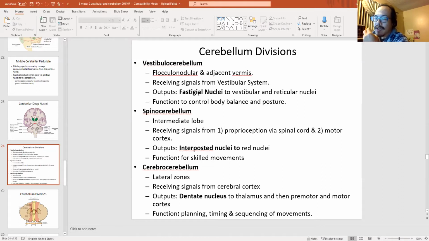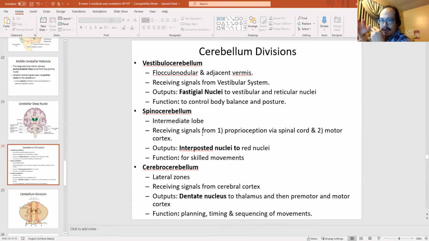Vestibular is more like keeping body balance because its output is to the vestibular and the reticular nuclei. So these two don't directly control the fine movement, the flexor. These two control the body balance, the extensor, and also the muscle tone. So that is the difference between these two.